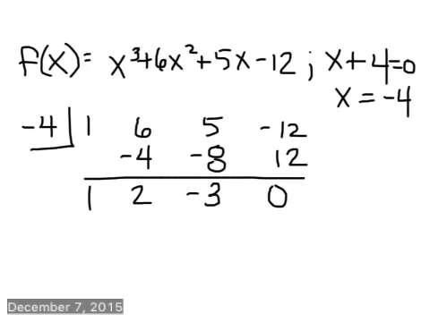So now from here, if it was x cubed, I drop it by 1. So I start with x squared. So that's 1x squared plus 2x minus 3. What times what gives me x squared? What times what gives me negative 3 but adds up to be 2? Try again.